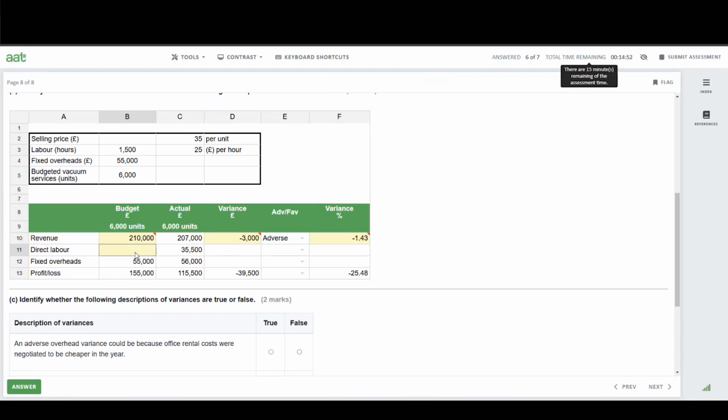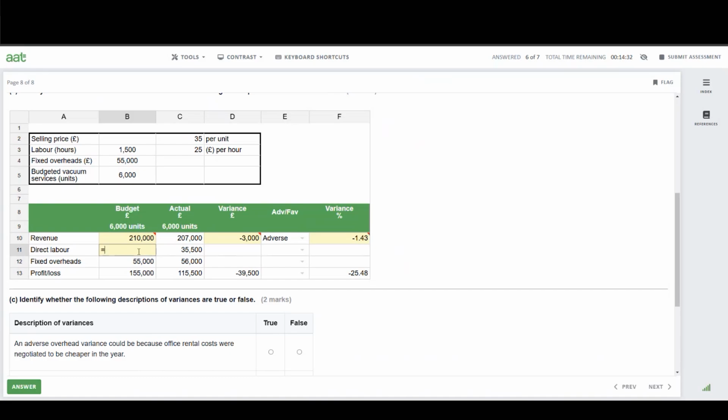Next one then. We need to calculate the cost of direct labour. Let's have a look what figures we've got. So we know how many hours it took to produce 6,000 units, and we know the cost per hour. So we're going to multiply the number of hours by the cost per hour.